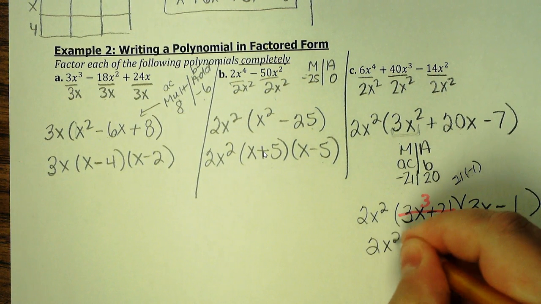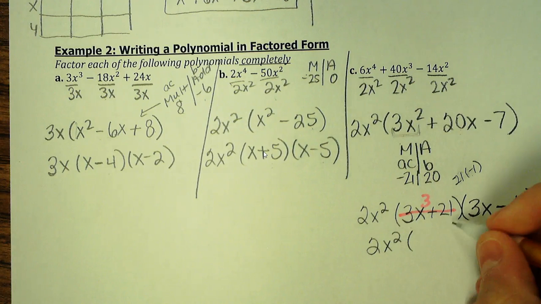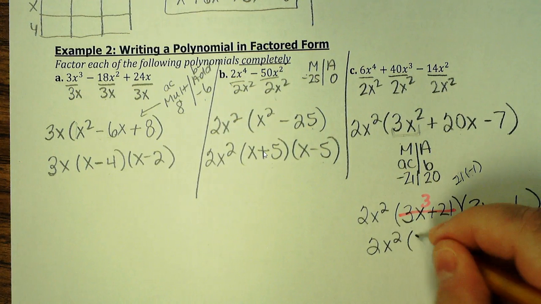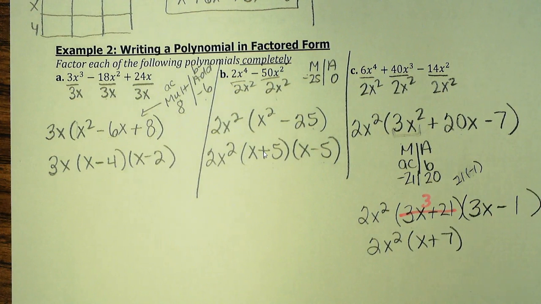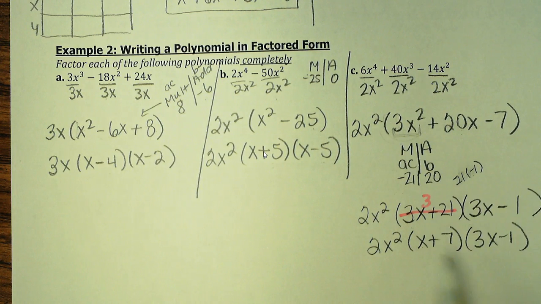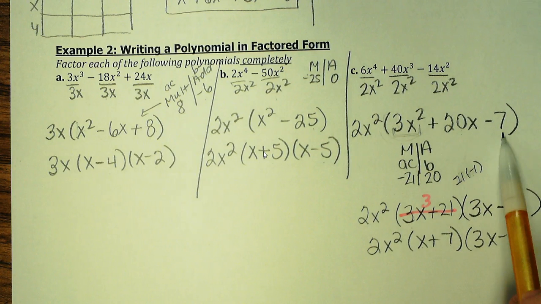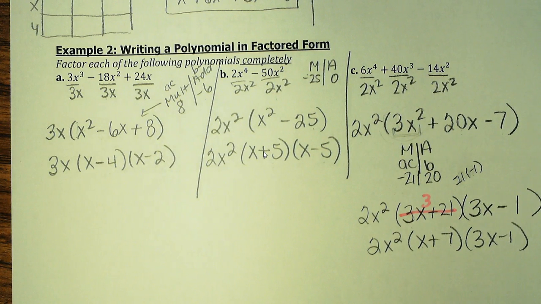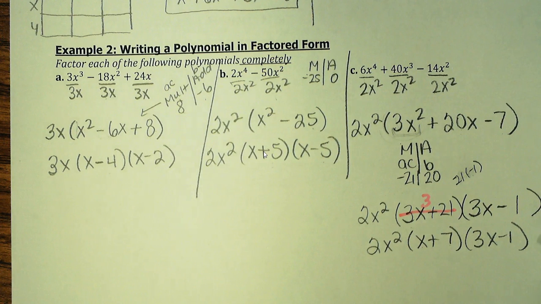And all you need to do, it just disappears out, a little trick to this. The real factor is going to be x plus 7, 3x minus 1, and then let me just do a quick spot check. x times 3x would give you back the 3x squared, and 7 times negative 1 should be the negative 7. If you want to completely FOIL that back out to check that it matches up with this, you can, but we should be in good shape. So this is the factored form.